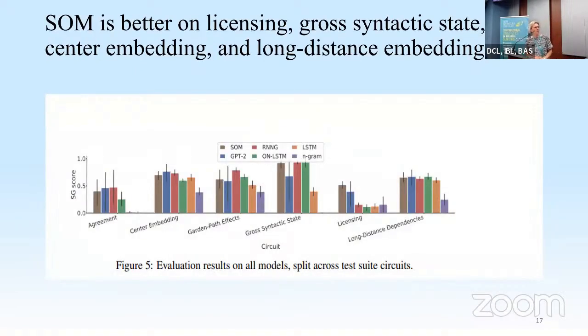Okay, it's not well visible, but here it shows that on various phenomena like long distance embedding, center embedding, the main sentence and the clauses to detect with subordinators, complementizers, and I cannot see the other things, but there are also such phenomena that are licensing, and this kind of phenomena, they are very well captured by the model.